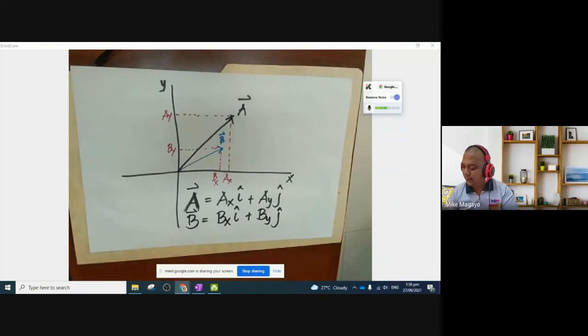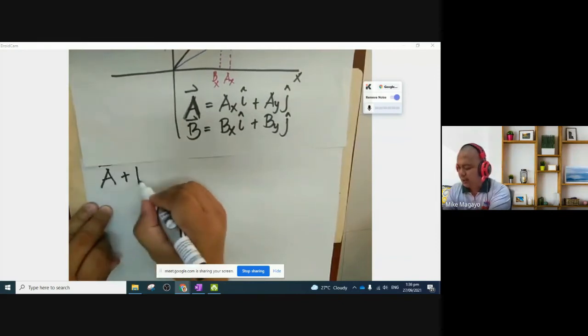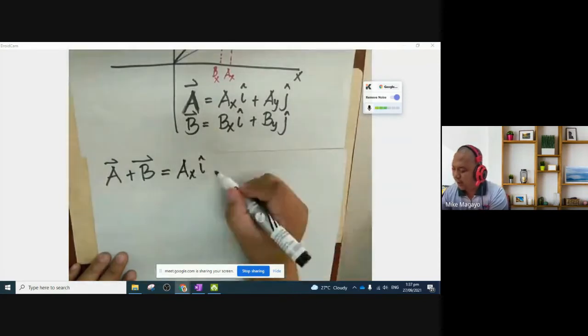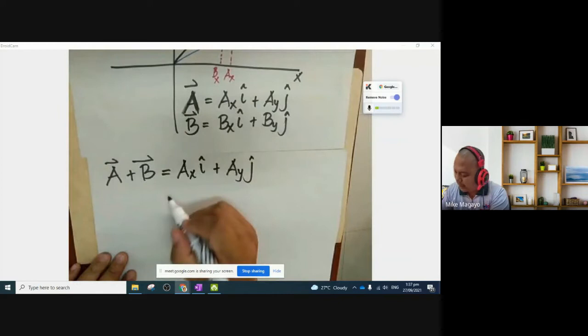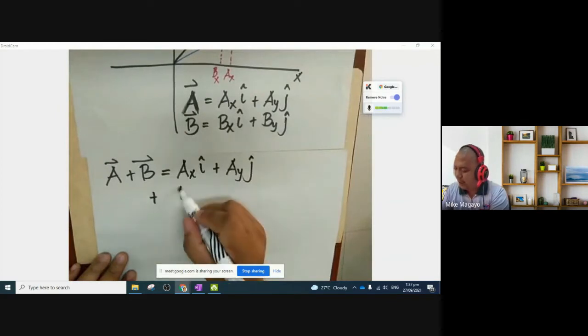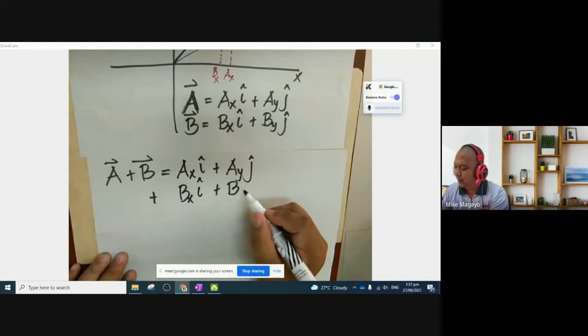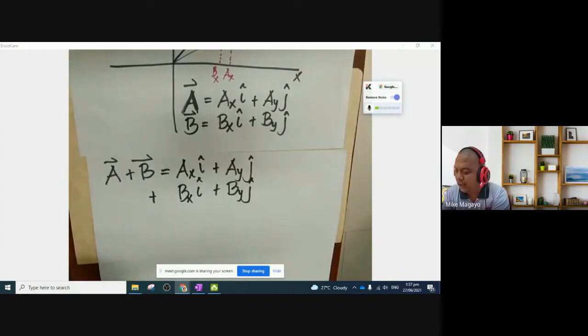In this case, if we want to determine A plus B, I'll just rewrite, guys: Ax i-hat plus Ay j-hat plus Bx i-hat plus By j-hat. This is analytical. This could be done geometrically.